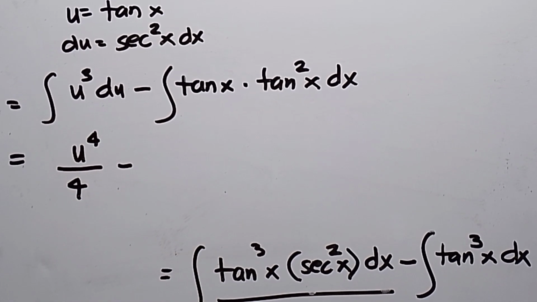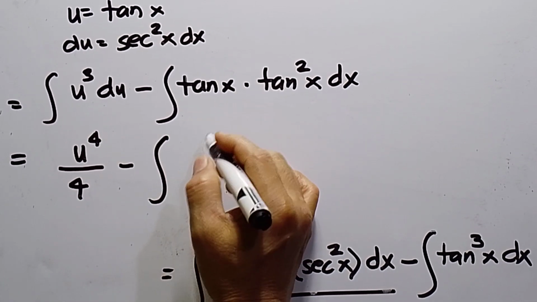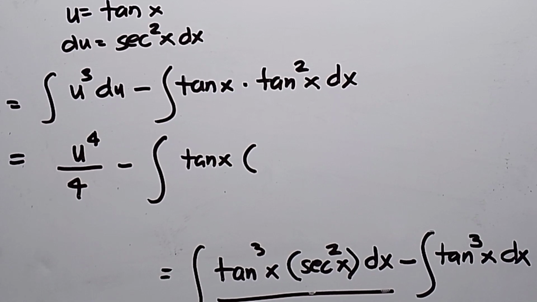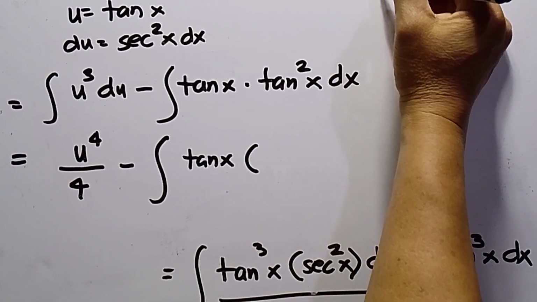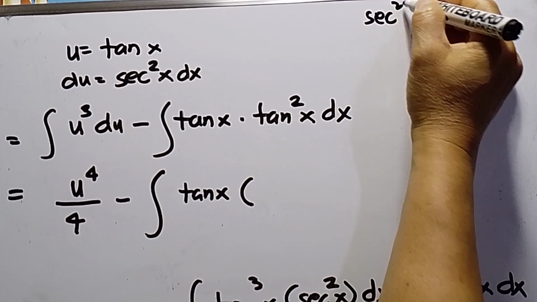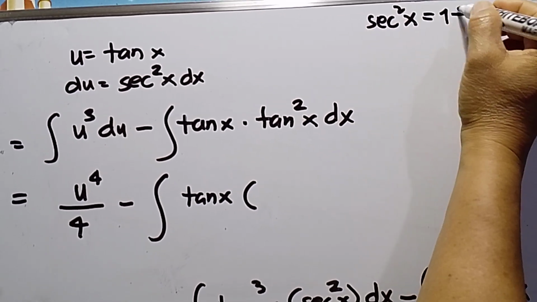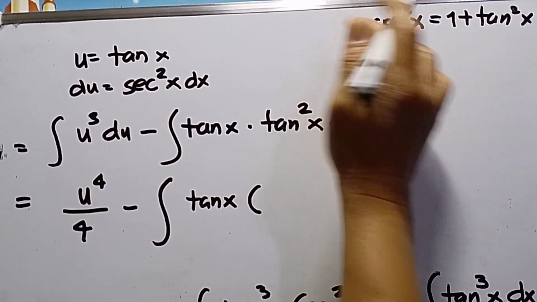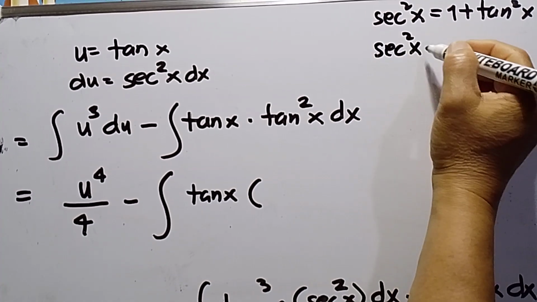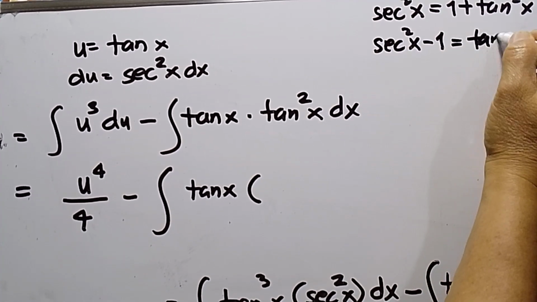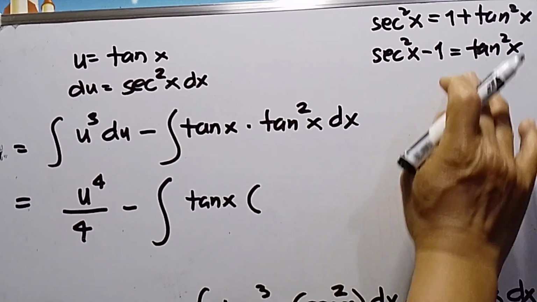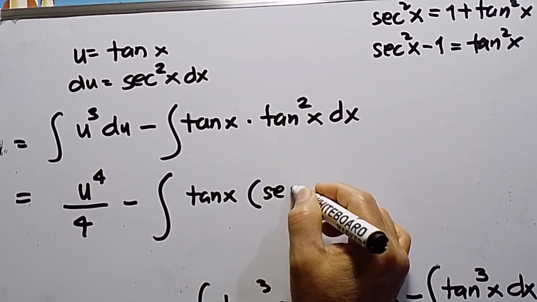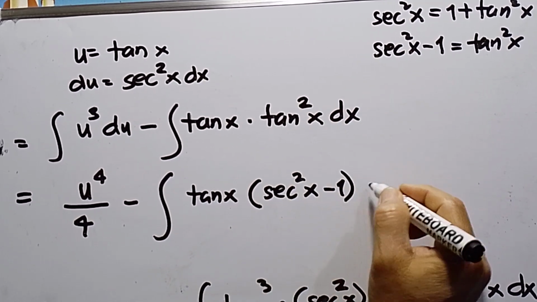Then this one is integral of tangent x, and for the value of tangent squared x, we have secant squared x is equal to 1 plus tangent squared x. So transpose this 1 to the left: secant squared x minus 1 is equal to tangent squared x. So I will replace tangent squared x by secant squared x minus 1 dx.